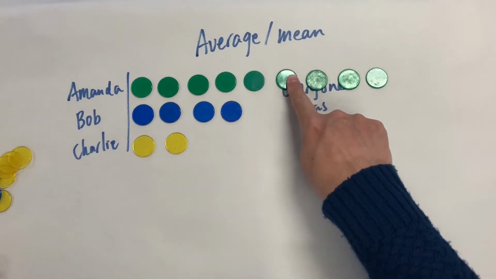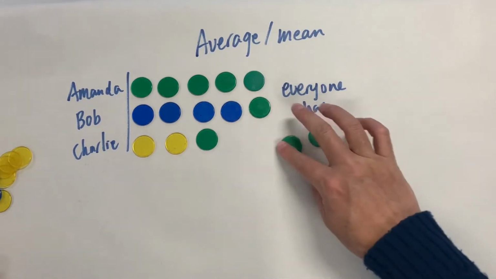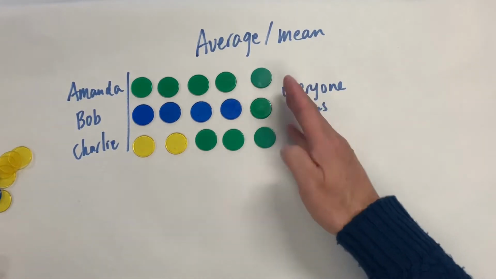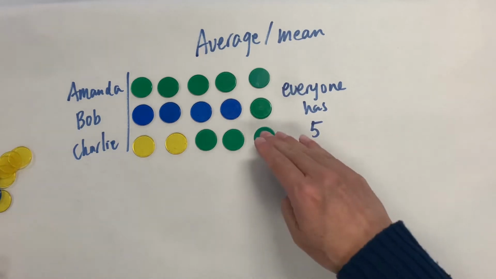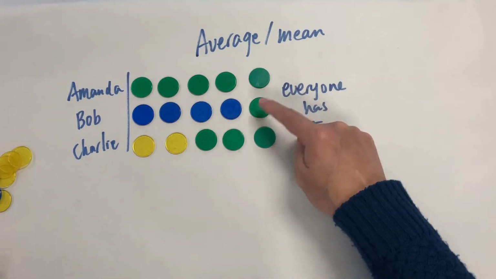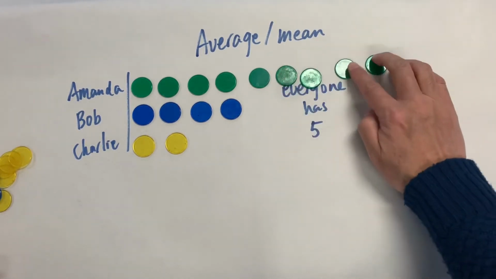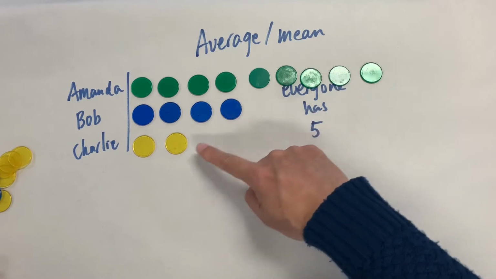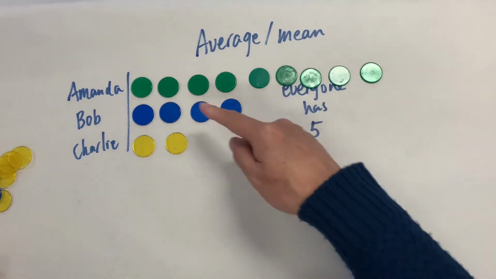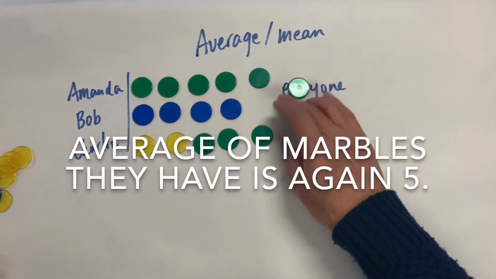So if Amanda gives 1 to Bob and 3 to Charlie, again, as if everyone has 5. So it's like a fill in the gap. Now, if Amanda has 9, Bob has 4 marbles, Charlie has 2 marbles, the average of the marbles each person has, we can say it's 5.